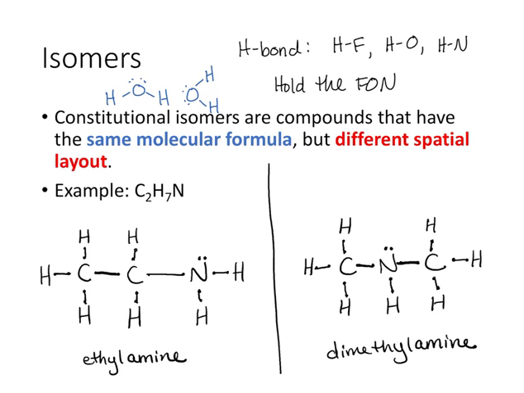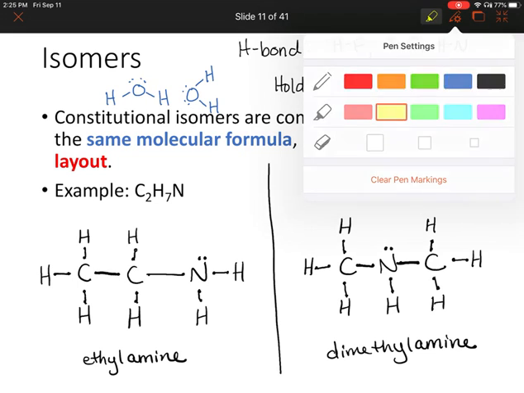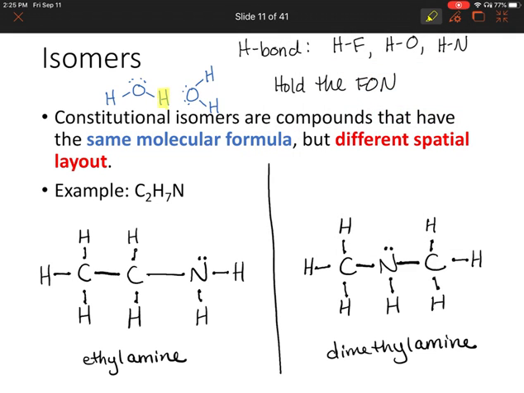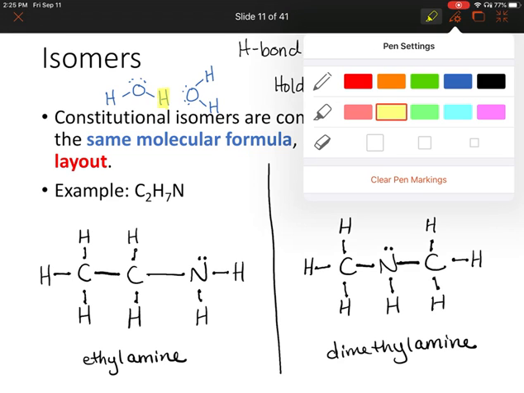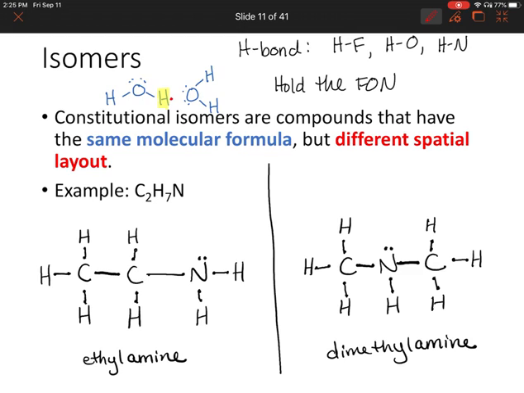But that hydrogen in between the 2 oxygens, covalently bonded to one oxygen and attracted to the other oxygen, can form a hydrogen bond with the other water molecule's oxygen.